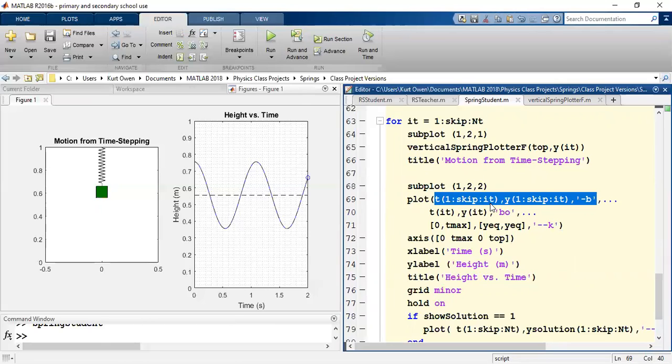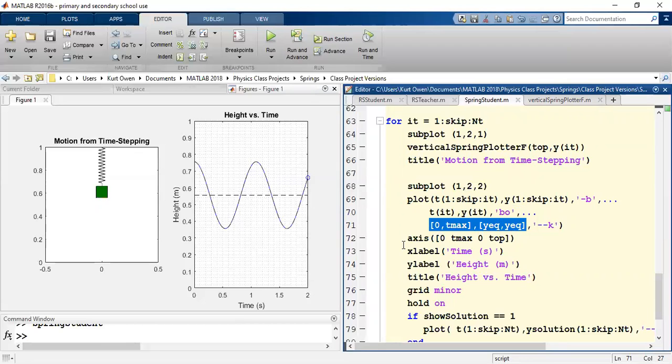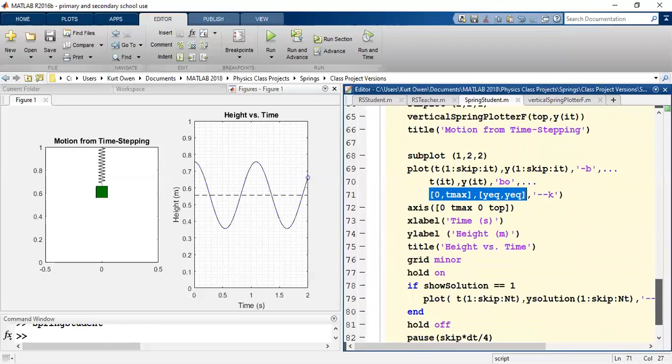It gets bigger and bigger, and it's plotting more and more of the height versus time graph that the spring follows based on Newton's second law. And then the second line is putting a blue circle on the endpoint. And then the third line of the plot is taking the leftmost and rightmost x values and the height at equilibrium and plotting our dashed black line for equilibrium. We have our axis command.